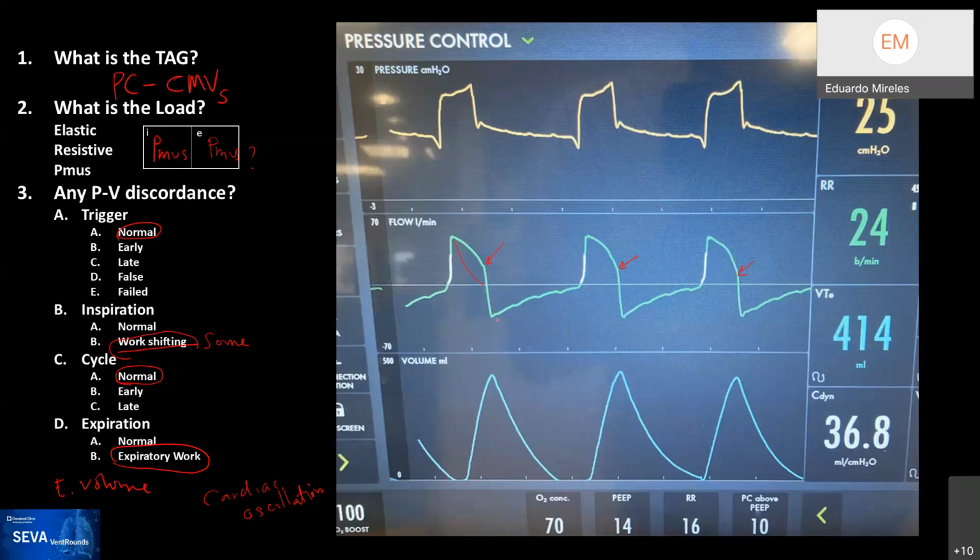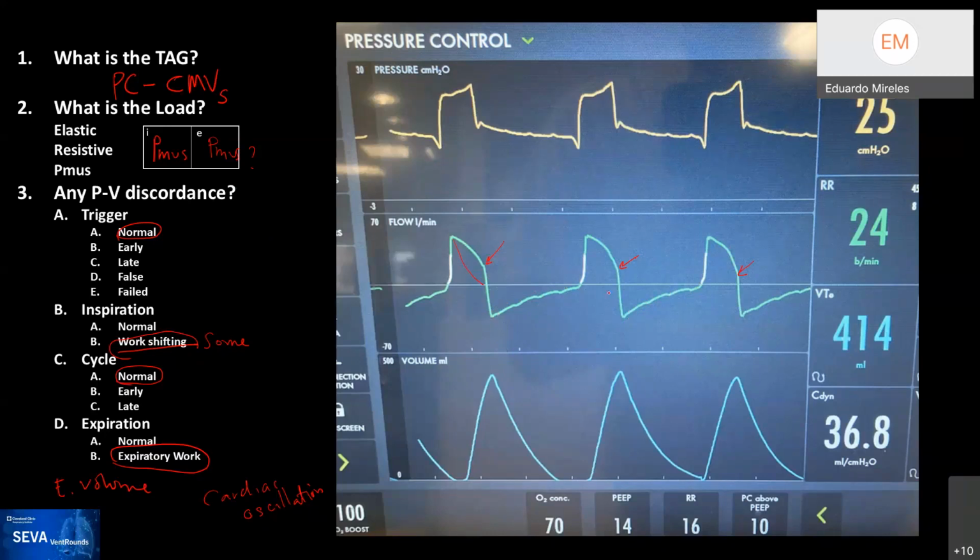And then during exhalation was a little bit tricky. You have two breaths that you can see well, and they kind of decay exponentially, but not perfectly, and they have different peak end expiratory flow. So I would probably agree with you that there's a degree of PMOS rather than it being completely passive.